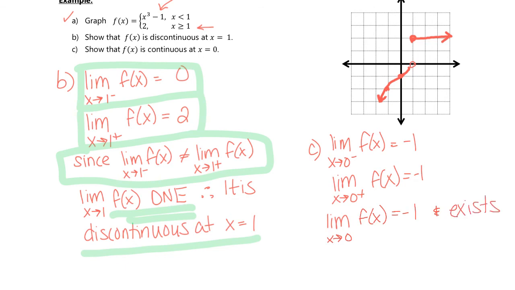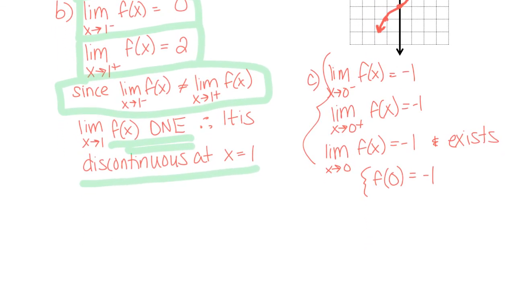So we've shown the limit exists. The second thing we need to do is take a look at our function at 0, and our function at 0 is equal to -1. And then we need to state that the limit as x approaches 0 of our function is equal to the function evaluated at 0.